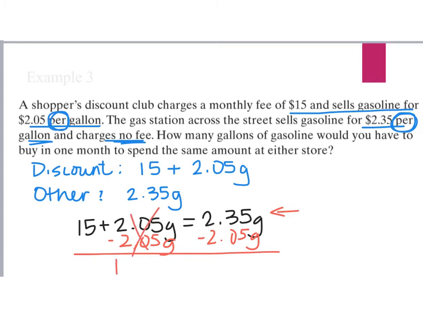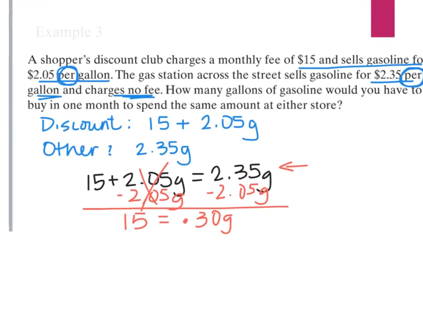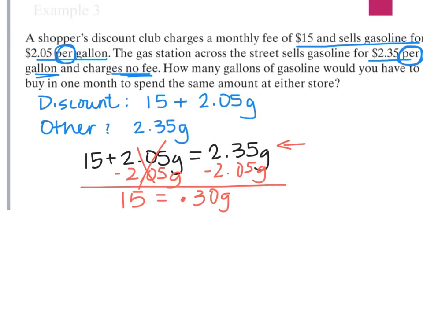This is going to give me 15 on the left equals 2.35 minus 2.05, which gives me 30 cents or 0.30 G. And now if I go ahead and simplify, I have to divide both sides by 0.3 in order to get my G by itself.